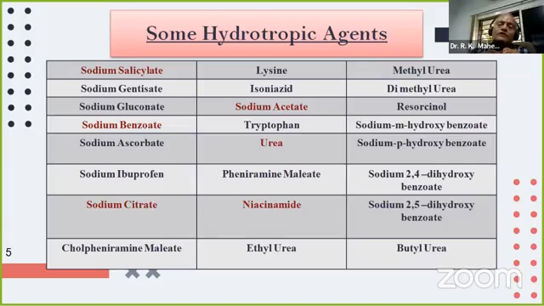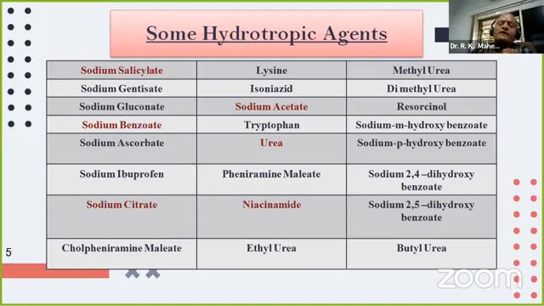Now if you prepare a concentrated solution of sodium citrate, 45% weight by volume, in this solution the solubility of salicylic acid is more than 15%. So 15 divided by 0.3, about a 50-fold enhancement in solubility. Here, sodium citrate is also a hydrotropic agent, and this is the hydrotropic solubilization phenomenon.